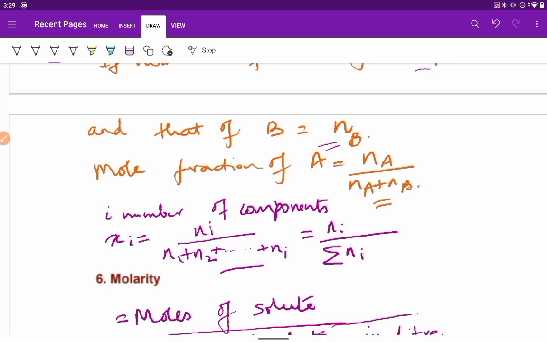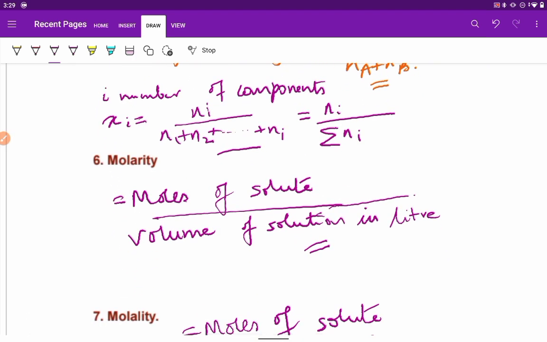If there are i number of components, the mole fraction of the ith component will be equal to Ni, the number of moles of the component i, divided by the total number of moles of all the components, N1 plus N2 up to Ni.